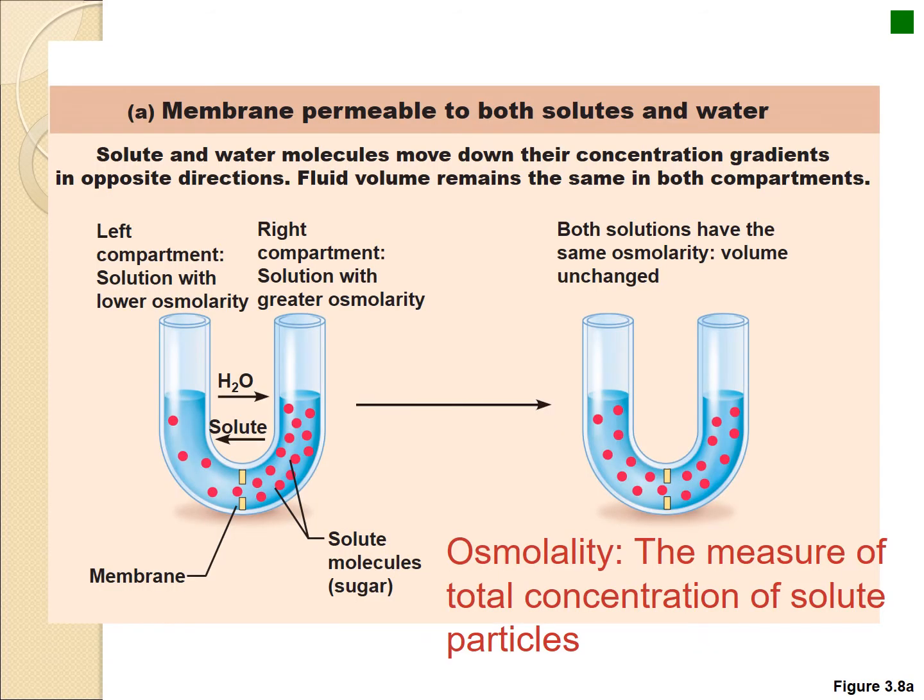So, as fluids and particles, which we call solute, that means molecules that are entering or exiting a cell, move in and out of the cell, they can move at a rate that can cause the cells to change their shape and volume.